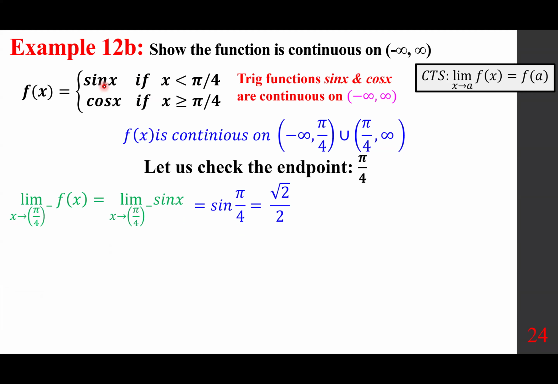We do the same thing as x approaches pi over 4 from the right, which means we use the bottom piece, cosine x. And now if we plug in, obviously cosine of pi over 4 is also square root of 2 over 2.